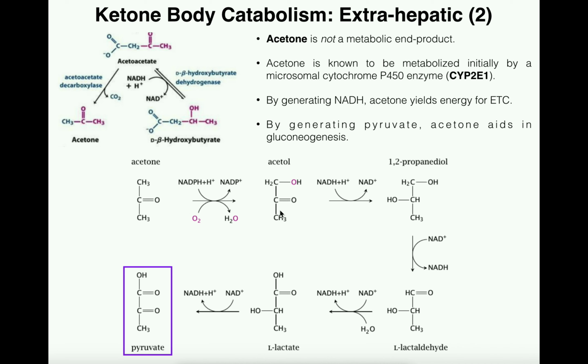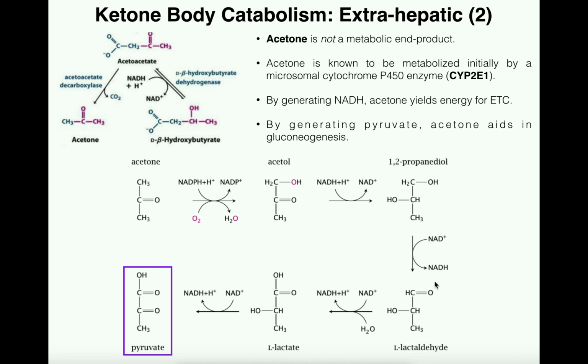Now, acetol is going to be reduced, meaning this ketone right here is actually going to be reduced into an alcohol. Again, this enzyme is not completely characterized right here, but it's going to use reducing equivalents from NADH, and you're going to get this molecule 1,2-propanediol. All right. Then 1,2-propanediol is going to be reoxidized into this molecule called L-lactaldehyde.